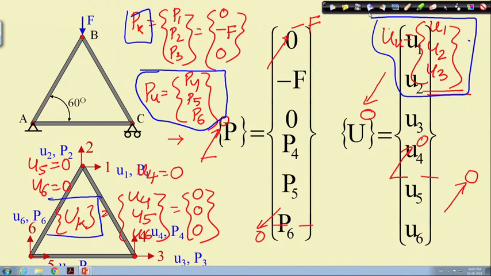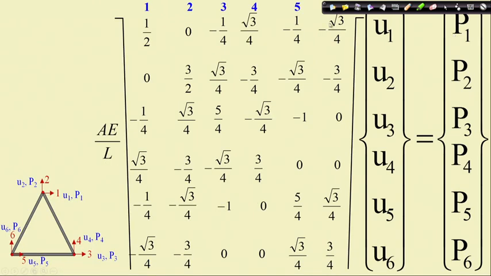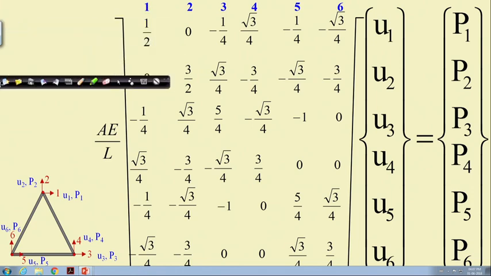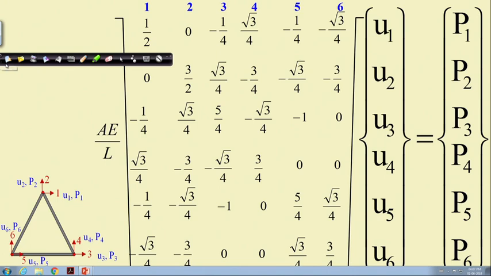Now, if I take the stiffness matrix, this is the expression of the stiffness matrix. I will just keep it here.